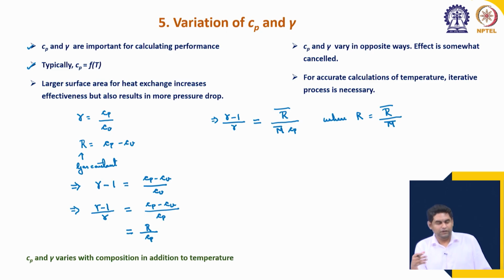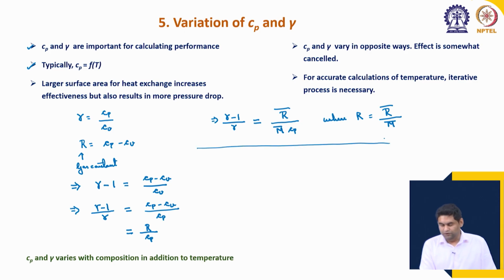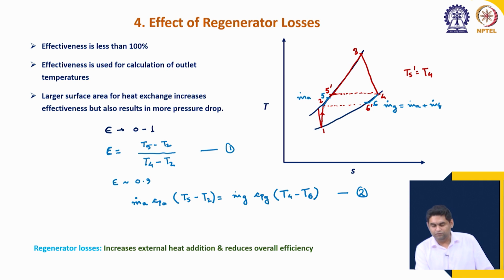Another way is to take these as functions and do direct integration, or use numerical integration or numerical calculations. But in this course we will take a simpler approach. We will divide the entire cycle into two different regions.